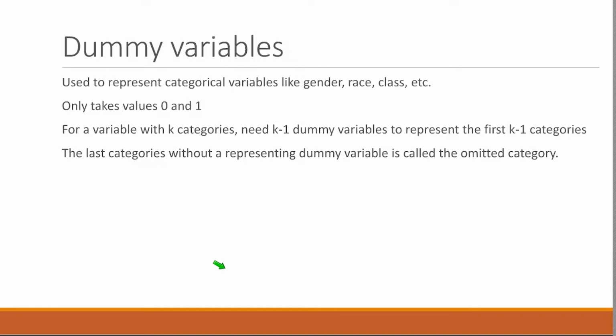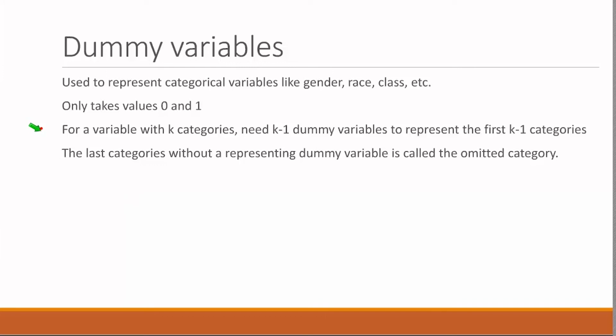Minitab can't tell what you're trying to do. And that gives us the idea of including dummy variables. Dummy variables, as you can tell, dummy, just means 0 and 1. It's like a switch on and switch off. Dummy variables are used to include categorical variables in our regression analysis.